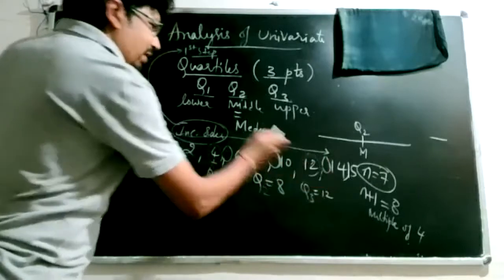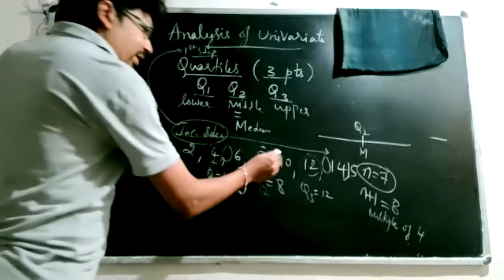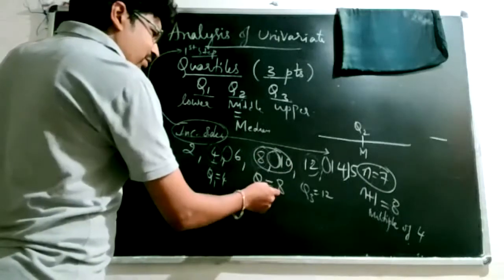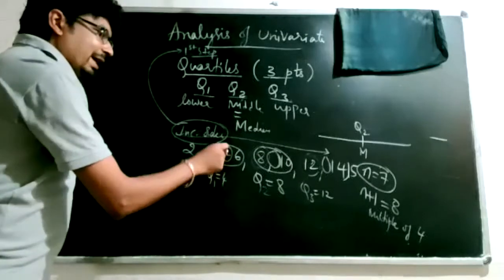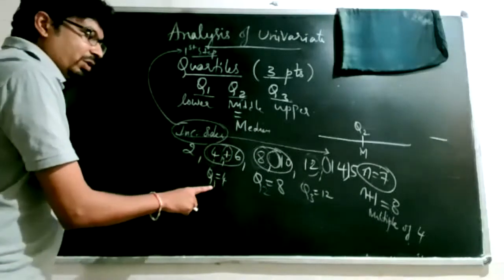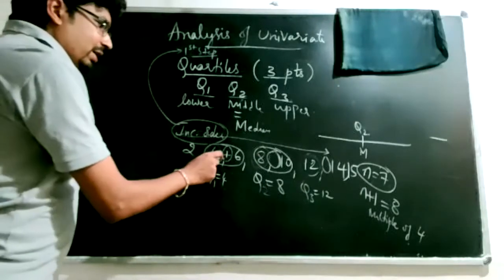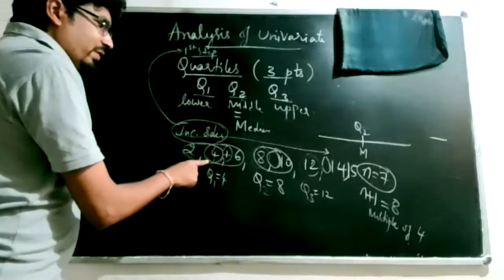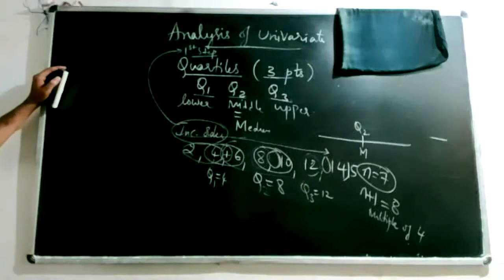So it is again logically observed as in the case of median. When I say there are an even number of observations, you will get 2 middle numbers, and you take the average of that. And here also you have 2 middle numbers, but it is not exactly the middle because we are talking about the first quartile. The first quartile should cover 25% of the observations on this side and 75% of the observations on that side.